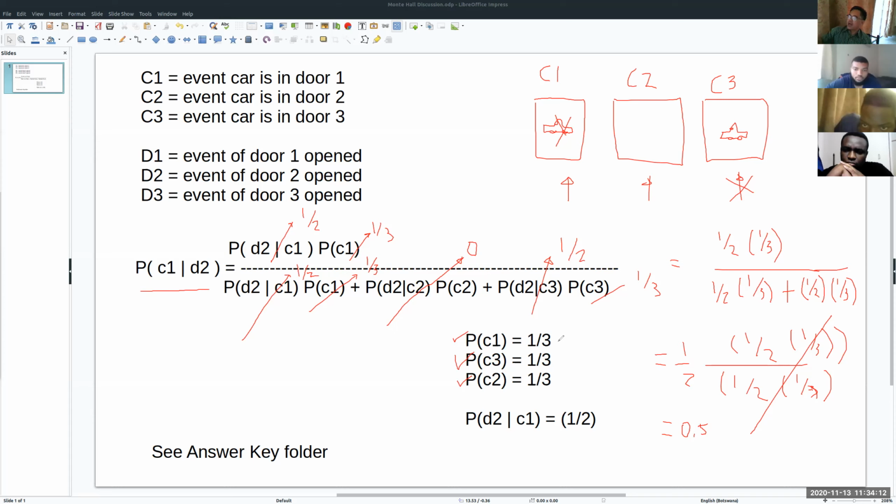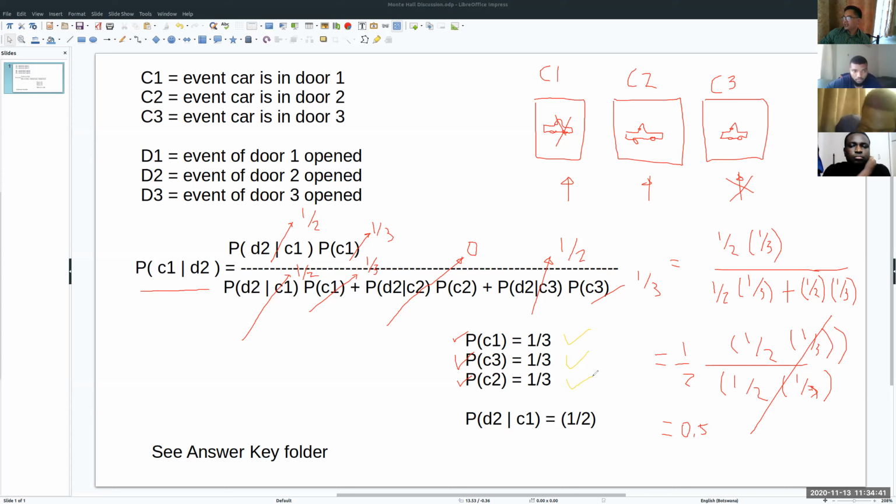When we place the car in each of the doors, all of them have equal probabilities. I think this is correct.